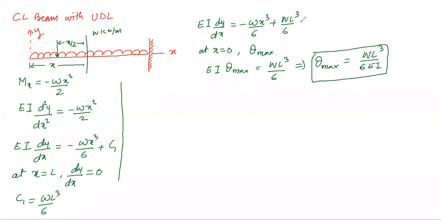Okay. Now the next case, integrating again. So if we integrate this expression, that is 1, what will we get? We will get EI y is equals to minus wx to the power 4 by 6 into 4, that is 24, plus WL cube by 6 x plus C2, right?